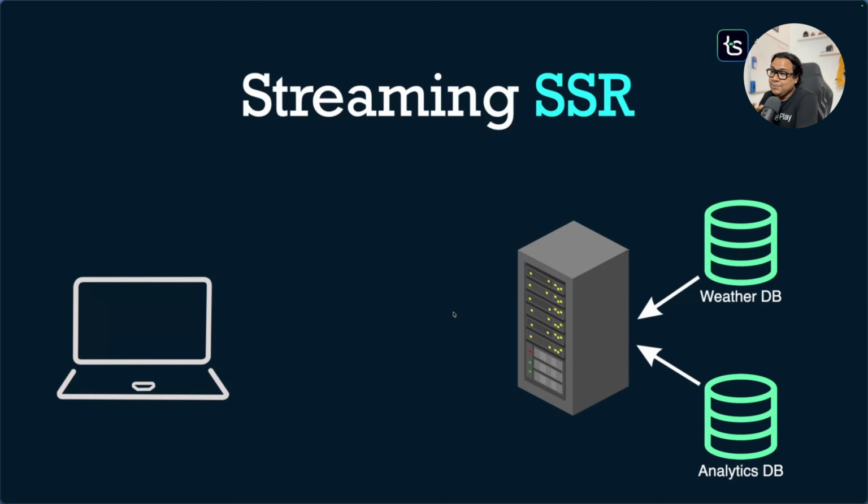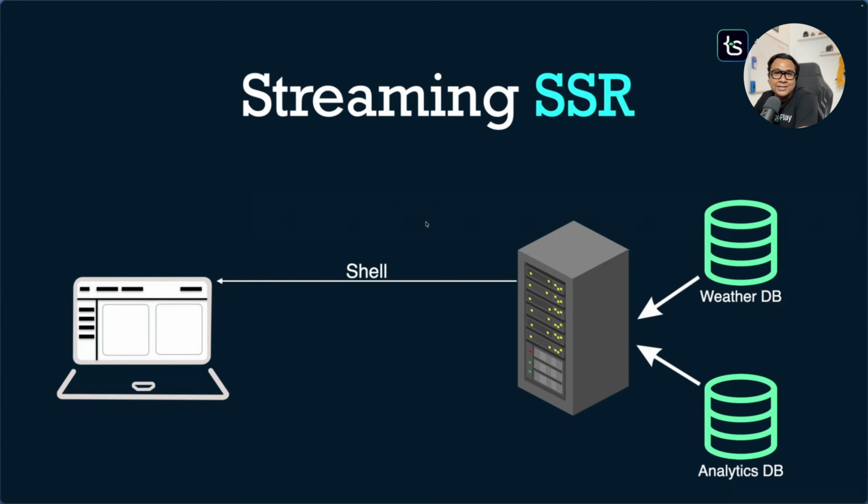But this time, the UI will not wait for the entire response to be created by the server. Moreover, the server can now send all the static information upfront, all the shells. You are seeing what is happening. I am getting the navbar, I am getting the header, all those placeholders where I can put the components after getting the API data. Everything is created already without having to wait for any of the API responses.